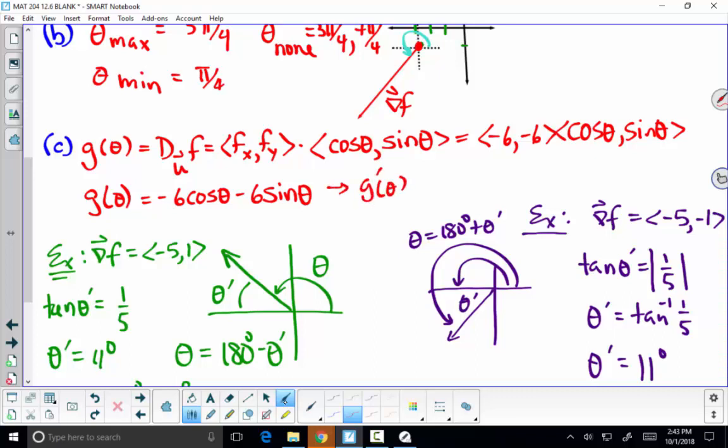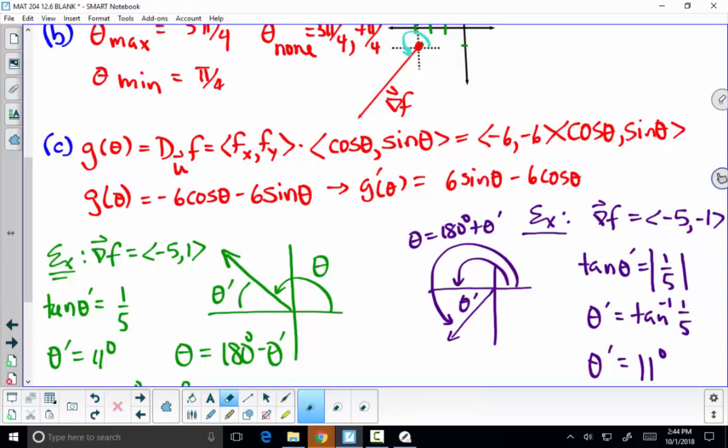G prime of theta is going to be minus 6 sine theta. The derivative of cosine is negative sine, so minus 6 times negative sine gives a plus. Okay, so that's the derivative.